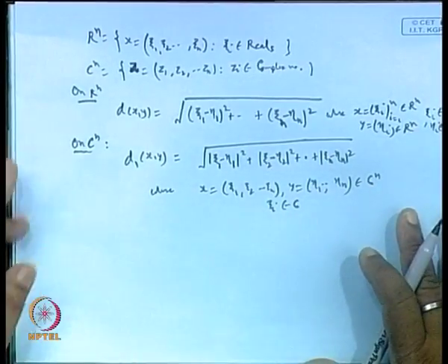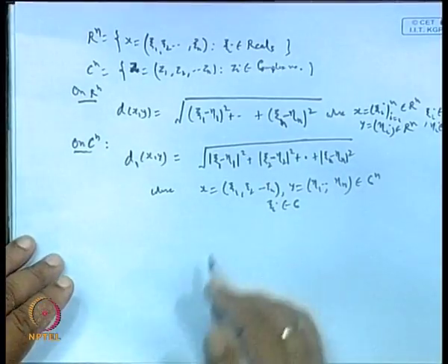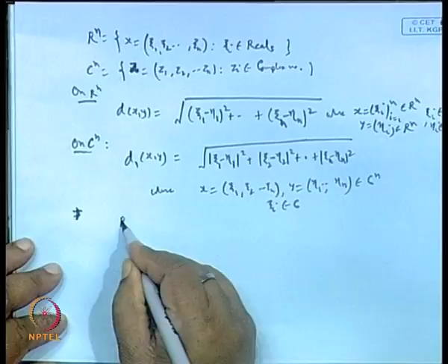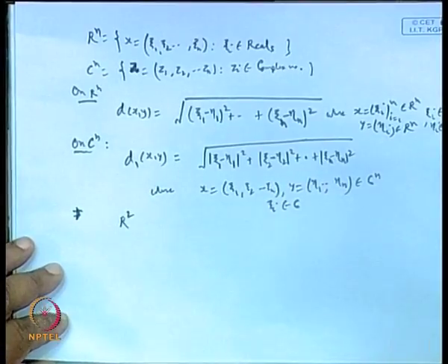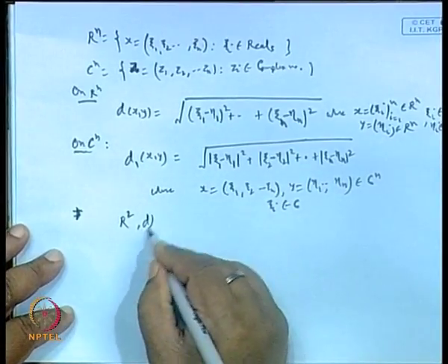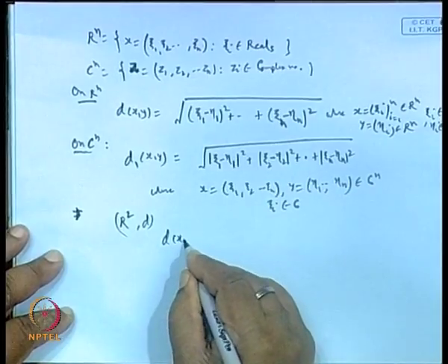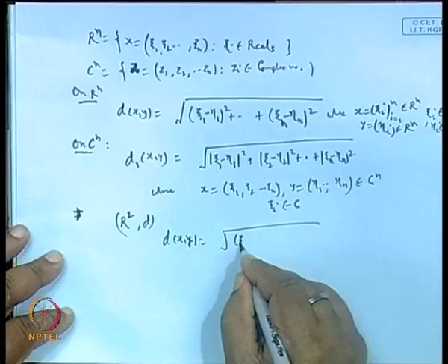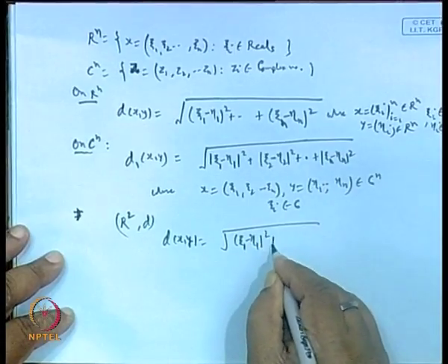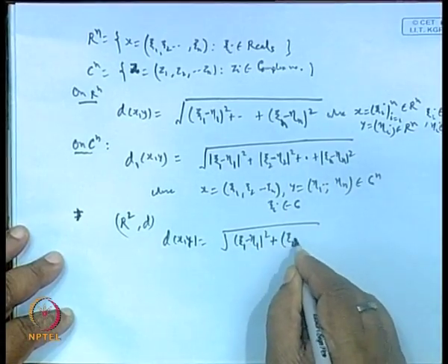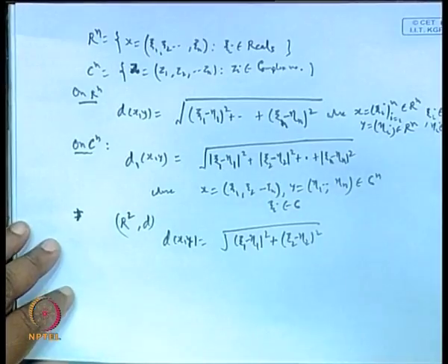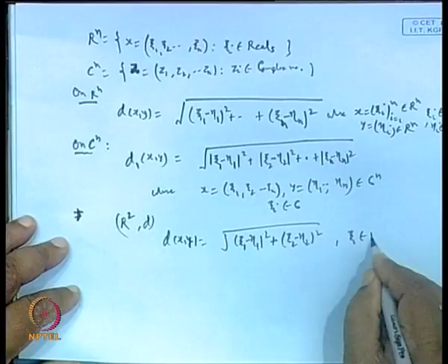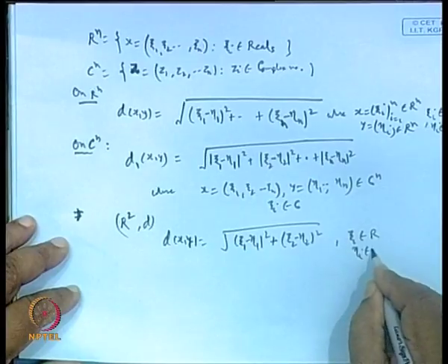Now, we have seen the metric on R2. Let us come back to this R2. The metric on R2, d, is defined as the square root of xi1 minus eta 1 whole square plus xi2 minus eta 2 whole square, where the xi's are real, the etas are real.